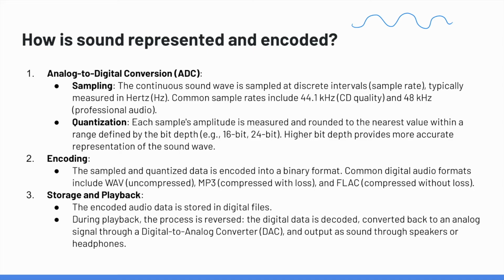Now, if someone's singing, we're going to have a continuous sound wave that's going to go into a microphone. And in that microphone, we're going to do our analog to digital conversion. Basically what we're going to do is record the sound at discrete intervals.